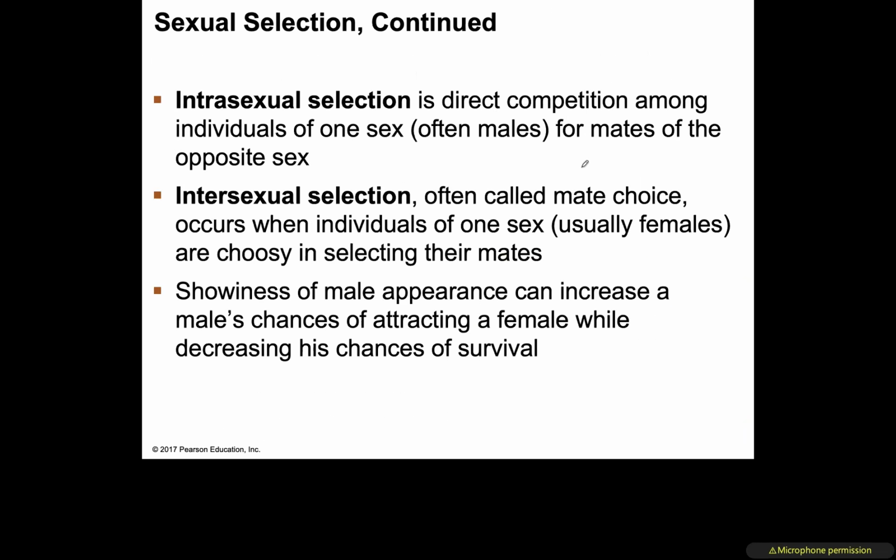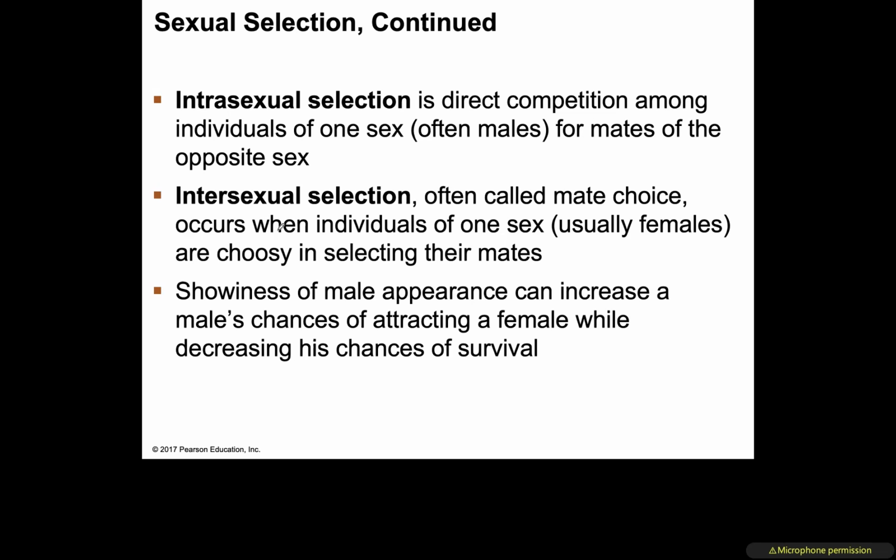When we talk about intrasexual selection versus intersexual selection, intra means within. Intrasexual selection is direct competition among individuals of one sex, the males, for mates. Basically, they're fighting to show who's the best.